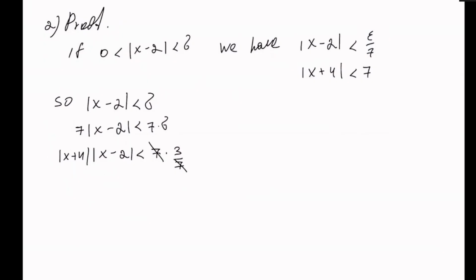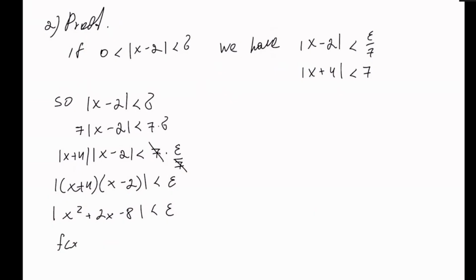Now this expression on the left side I can put under one absolute value, and I have |x + 4||x - 2| < epsilon. And here I will FOIL those and I have |x squared + 2x - 8| < epsilon. Now we're not quite there yet, right? Because we want to have |f(x) - L| < epsilon.